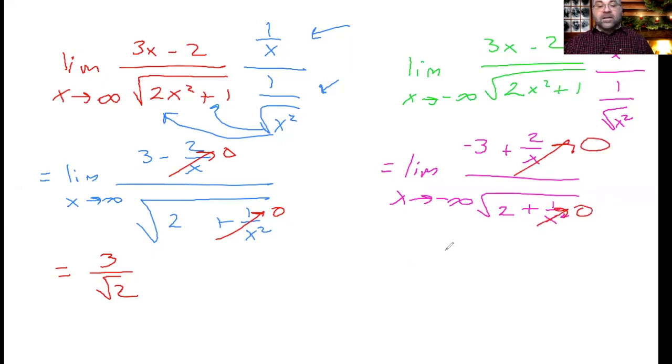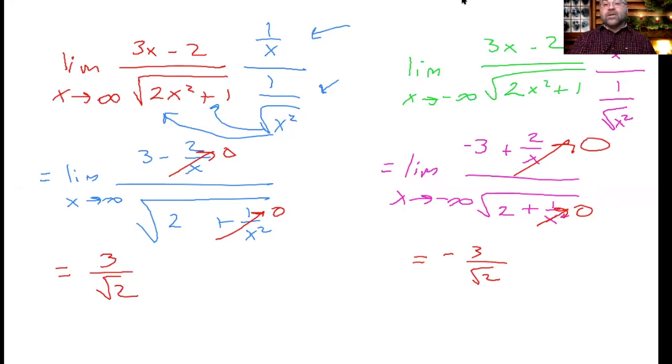And you see I get a limit of -3 over the square root of 2. So the ones to watch out for have radicals in them. When you find the limit as you go to positive infinity, come back and look at the limit as you go to negative infinity, because they could be different.